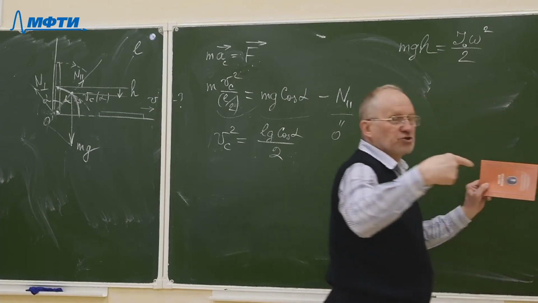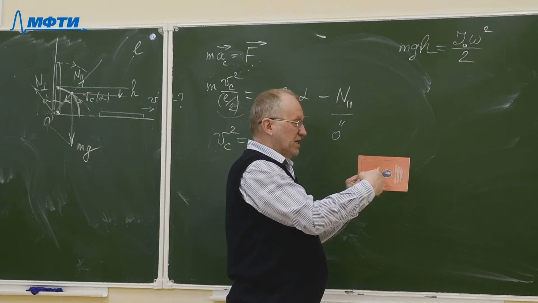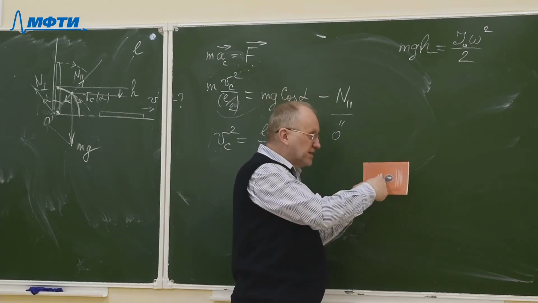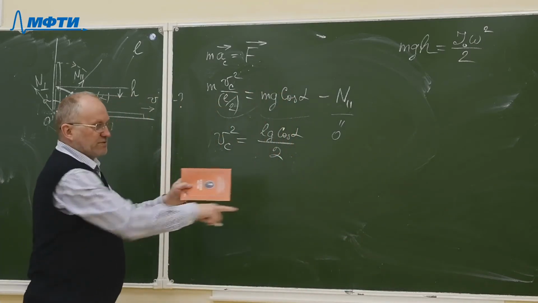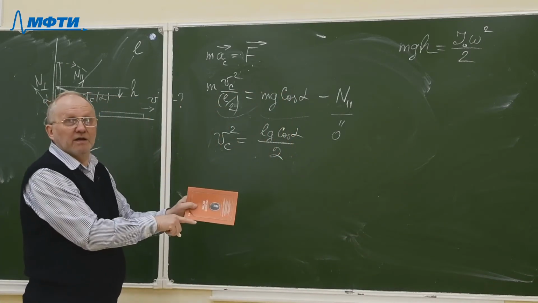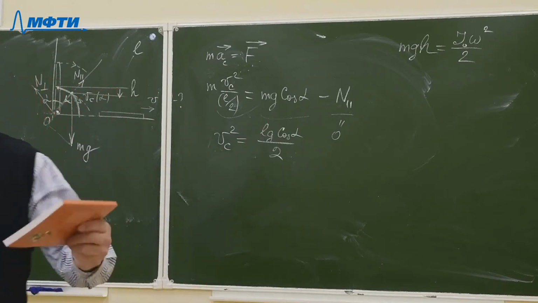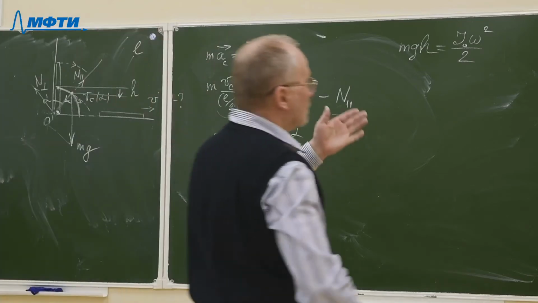This is the moment of inertia about the axis which goes through the center of the plate and is directed perpendicular to the plate. Does the plate rotate about this axis? No. In this problem, the plate rotates about this axis in such a way. Who told you to use this formula? I don't know who ever told you, but most of the students used this absolutely wrong formula.